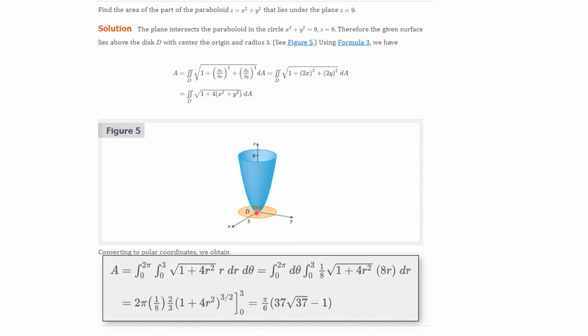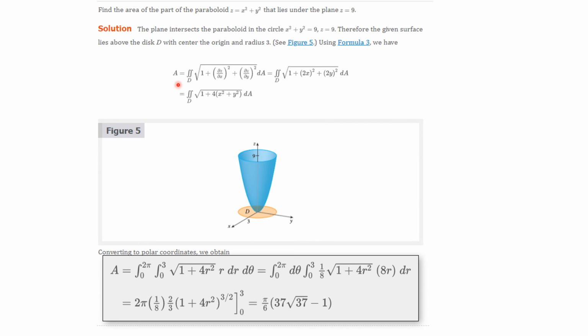And so the surface we're getting is the surface area of this blue thing, but when I project down, I see that my domain, in fact, is the disk D with center at the origin and radius of 3, because I got that from this equation right here.